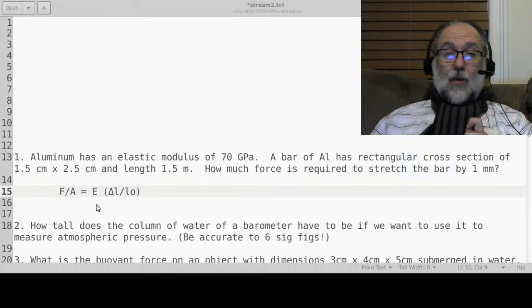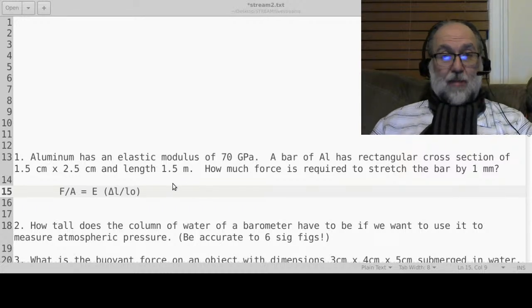That has to equal E, the elastic modulus, 70 gigapascals for aluminum, multiplied by delta L, how much you're going to deform the material, 1 millimeter, divided by L naught, the original length of the material before the deformation, in this case 1.5 meters. So there's the formula.